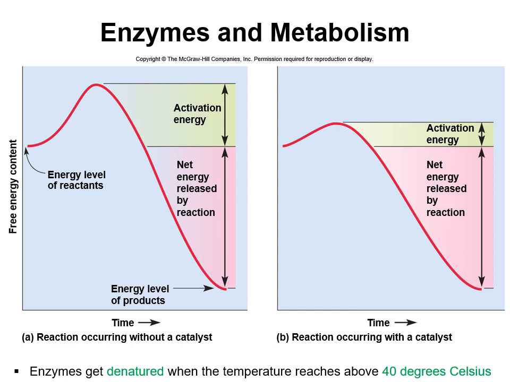Okay, so the reactant has a really high energy level, but in the presence of enzyme, the activation energy gets lowered and it makes the process or the reaction more efficient. So enzymes are biological catalysts which enhance or increase the rate of reaction.